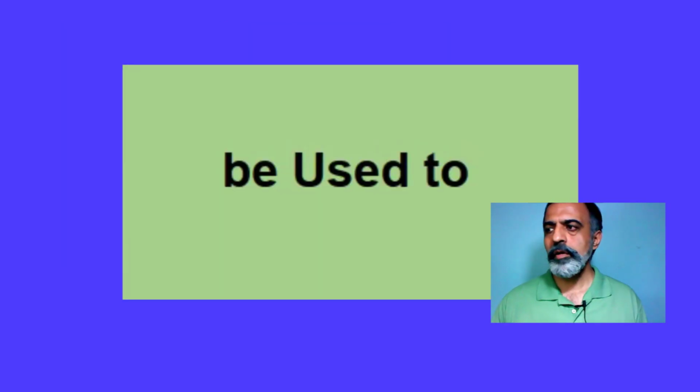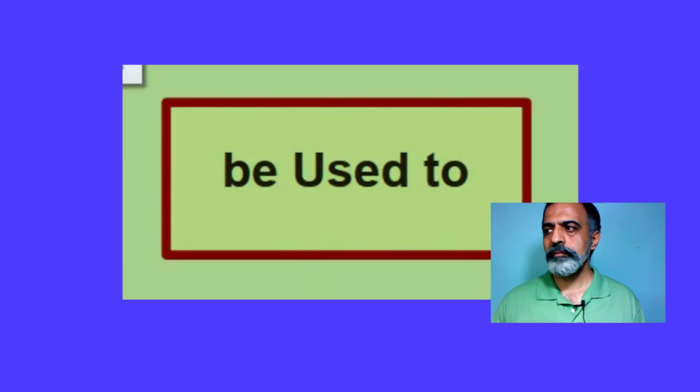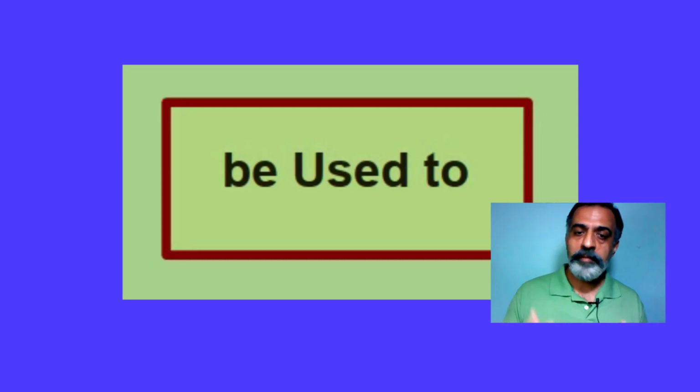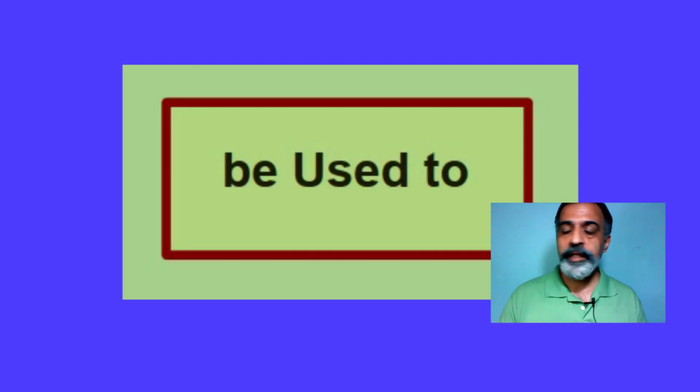Next one, be used to. Be stands for am, is, are when we talk about the present situation. This phrase is used to talk about being familiar with something or being accustomed to a situation. It indicates that something is not new or surprising for the person.